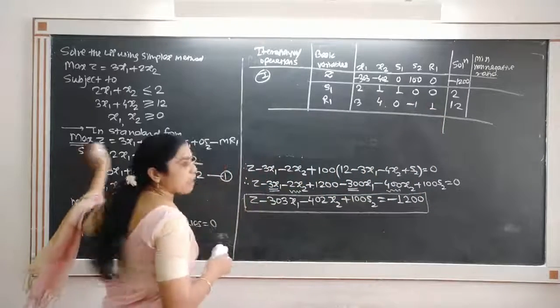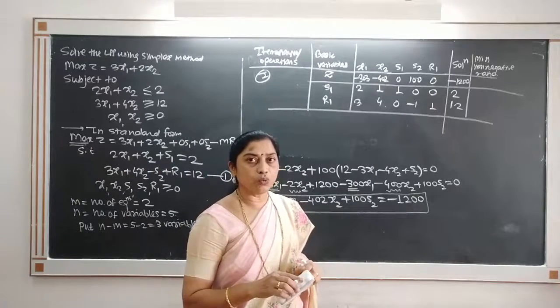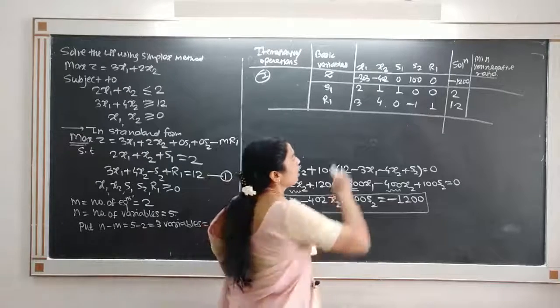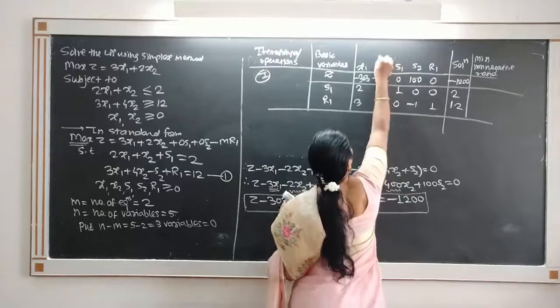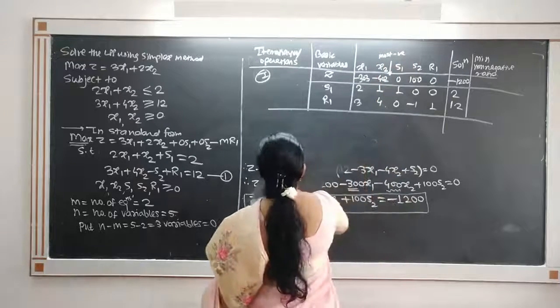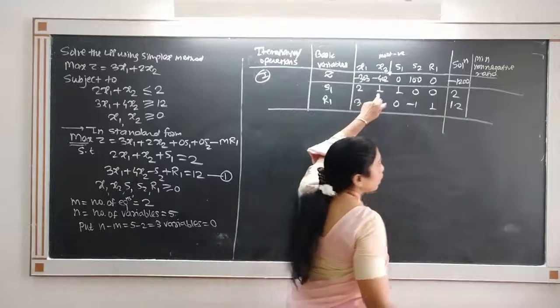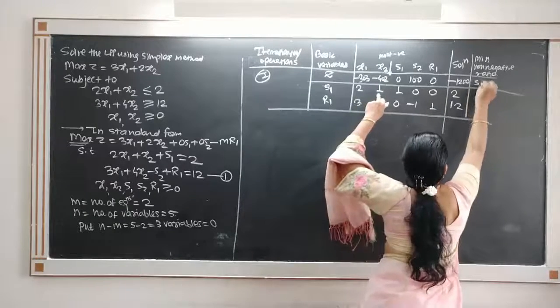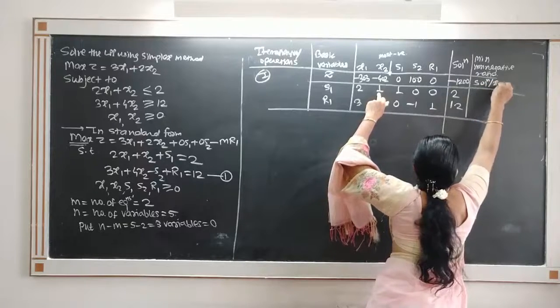Because the problem is maximization, we will find the most negative in z row. In z row the most negative is minus 402. So this is the pivot column. Divide the solution by pivot column coefficients, that is x2.